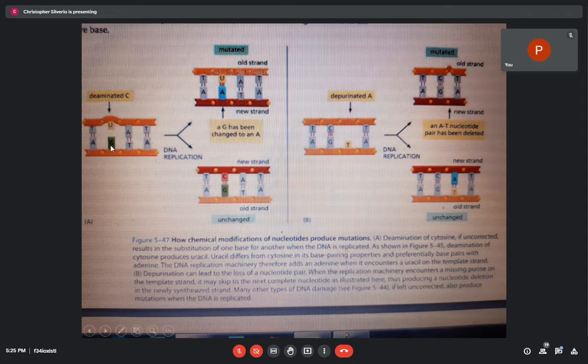Okay? The G changes to A because that is the normal pair of the uracil, adenine. Whereas here, since this old strand contains the guanine, it will be paired normally, and it will synthesize the DNA containing the cytosine. So this is the normal pairing.